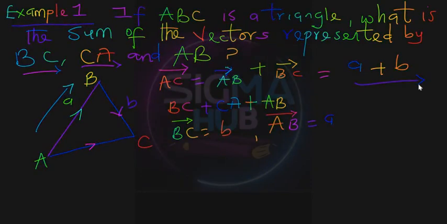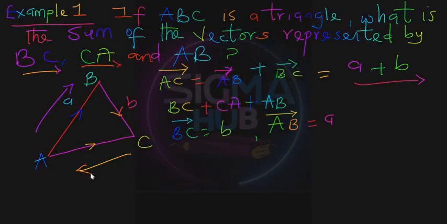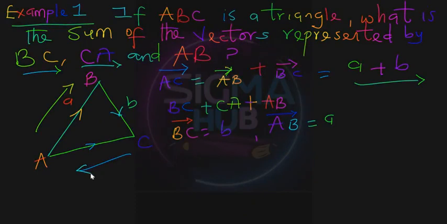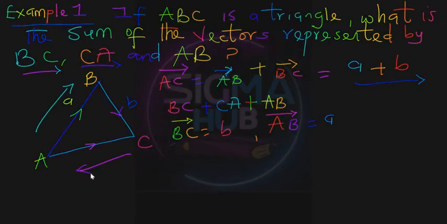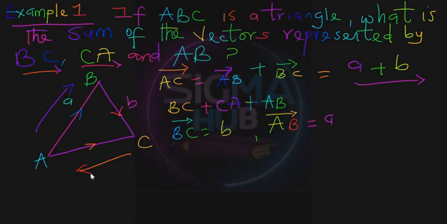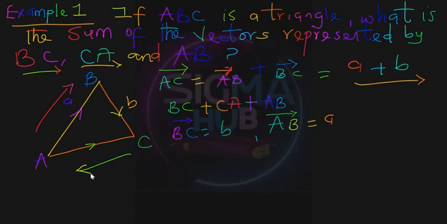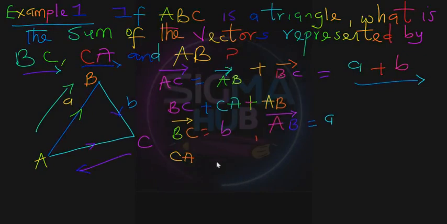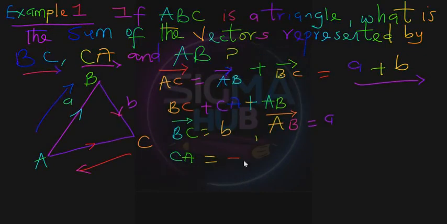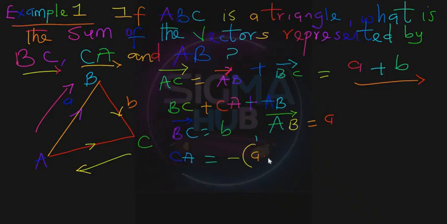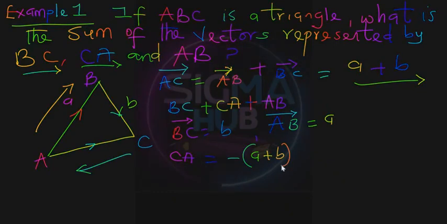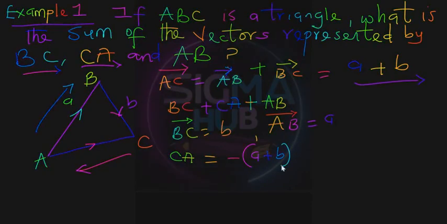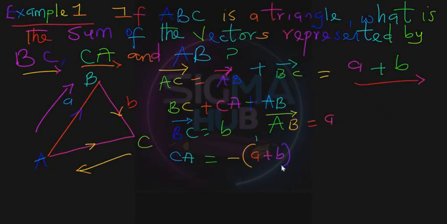This time we are moving from C to A, not from A to C. So moving from C to A is going to be the negative value of moving from A to C, and that shows that we are moving in the opposite direction. So CA is definitely going to be negative (a plus b).